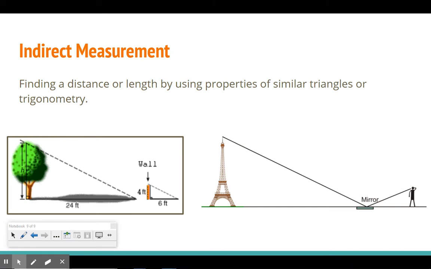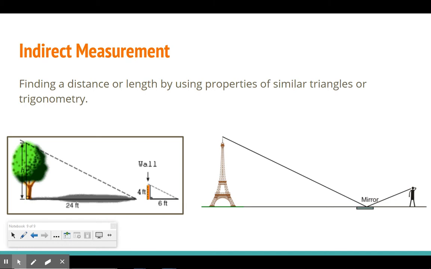So indirect measurement is when we're trying to find a length or a distance of some taller or longer shapes. For example, if you have a tree in your yard, like the one shown here on the left-hand side of the screen, you can find a pretty good estimate of how tall that tree is by using similar triangles.